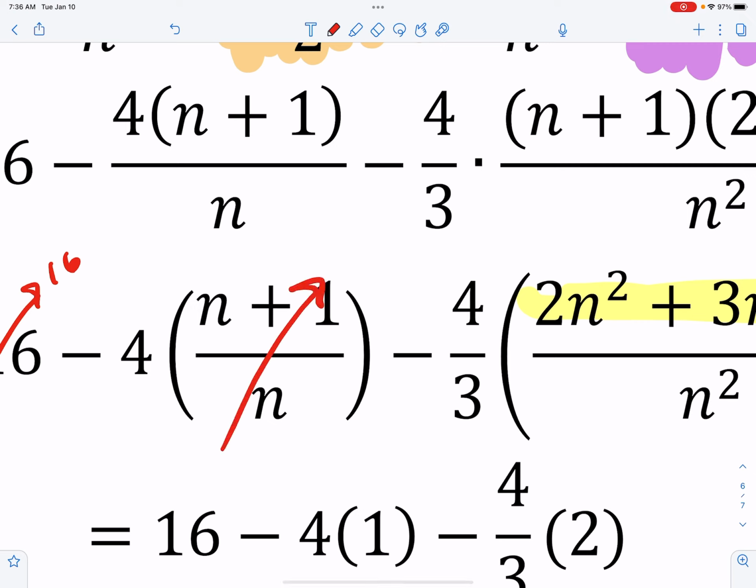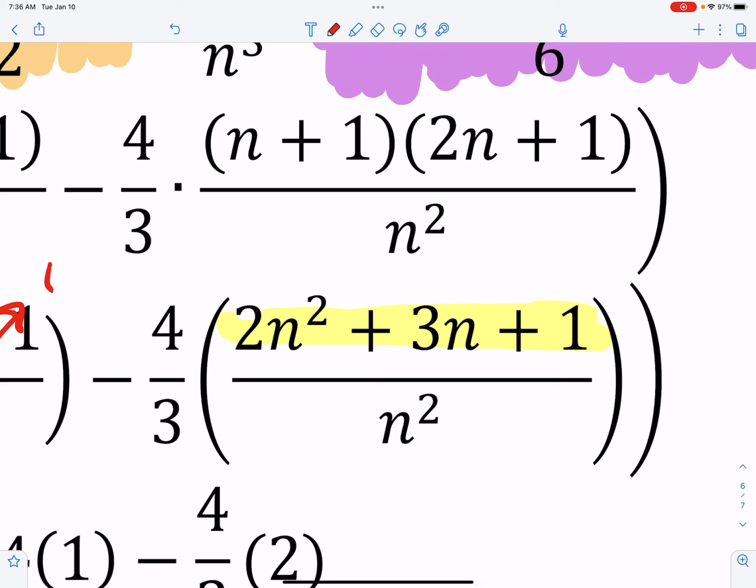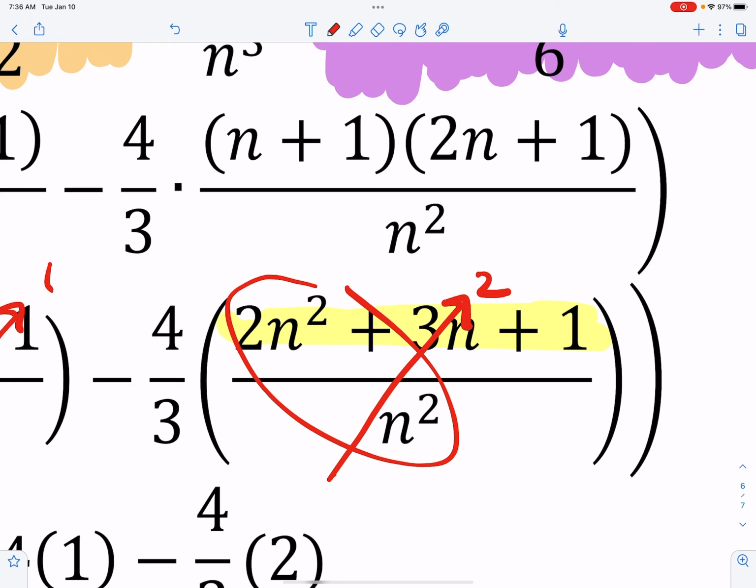Well, this would just be 1, right? Think end behavior model, that would just be 1. And then minus 4/3 will be there, and the limit as n approaches infinity of this will be the n squareds. Think end behavior model. The n squareds would cancel, and it would just be 2.